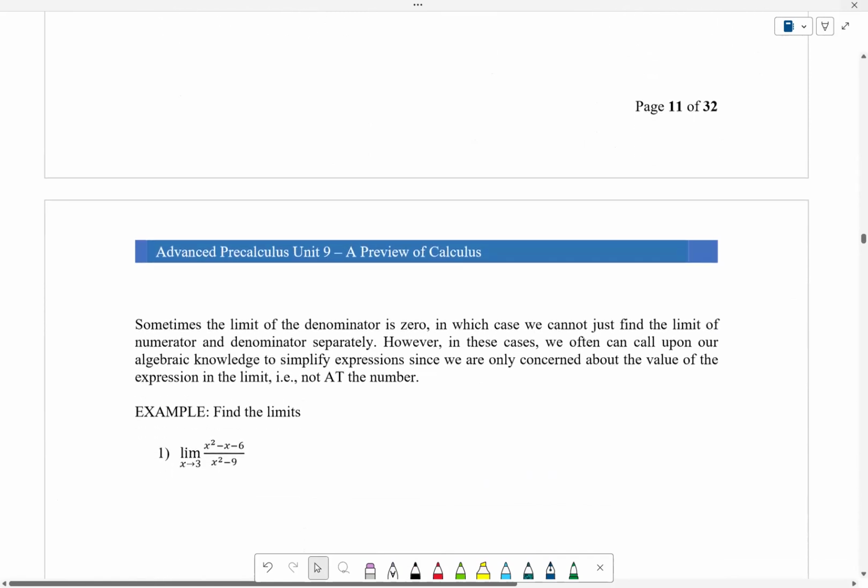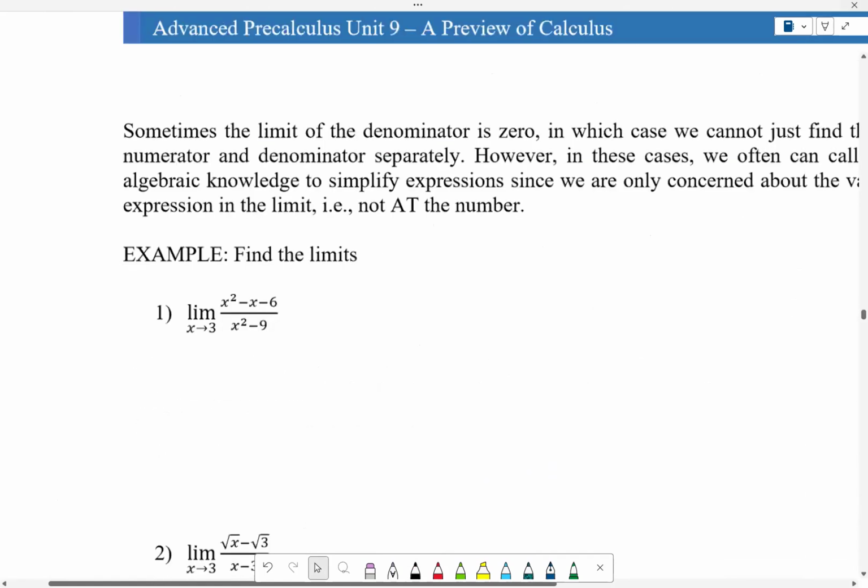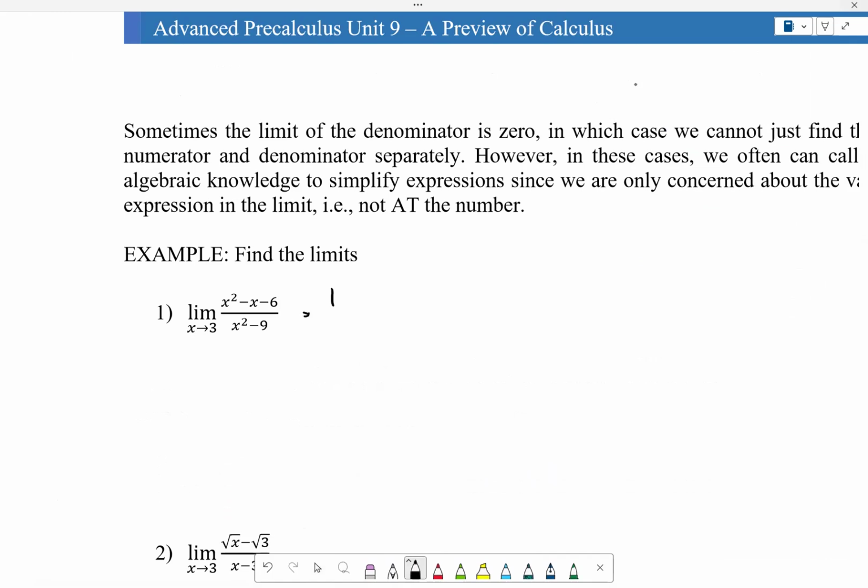But how about the next one? Hey, look at that denominator. That's not good. Finding that limit as x approaches 3, right? So in our heads, we're breaking this up. Limit as x approaches 3, x squared minus x minus 6.